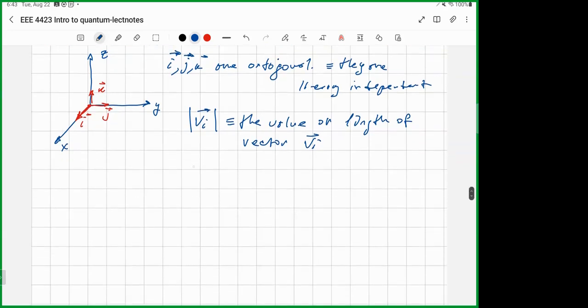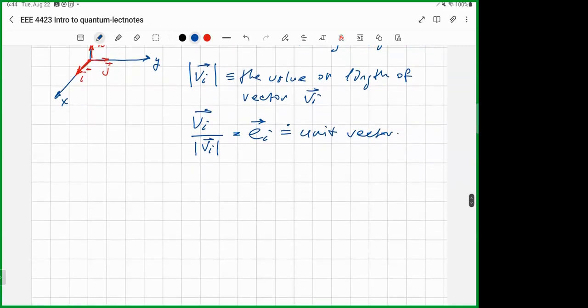And now if I take this vector vi and divide it by the length of this vector vi, what will I get? I will get the vector in the same direction as vi, but of unit length. So this is a unit vector. Traditionally we denote it with a hat, and this is the unit vector.